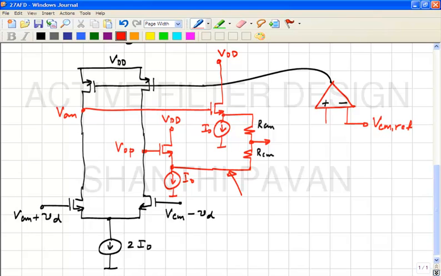Let's assume that the overdrive is delta V. Then what is the source voltage now? VOP.